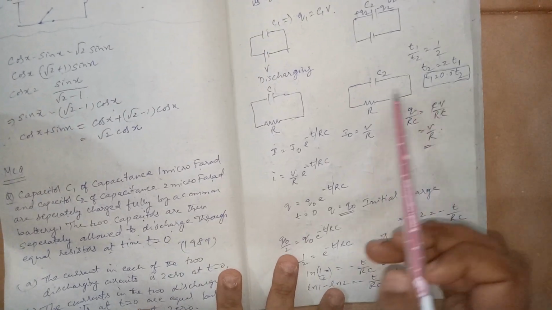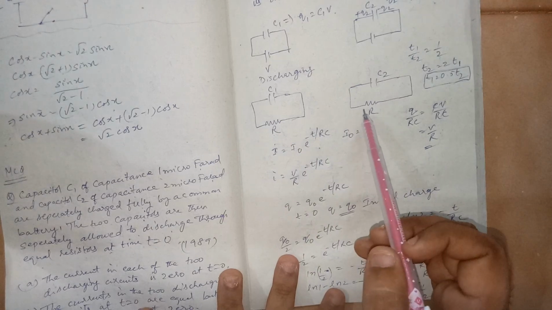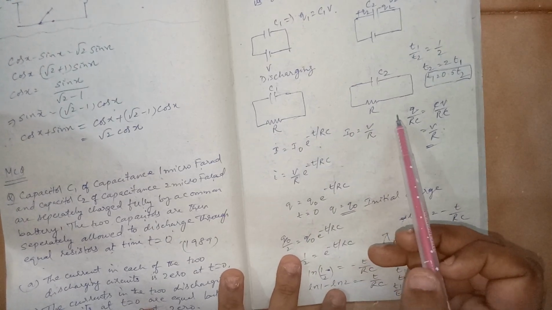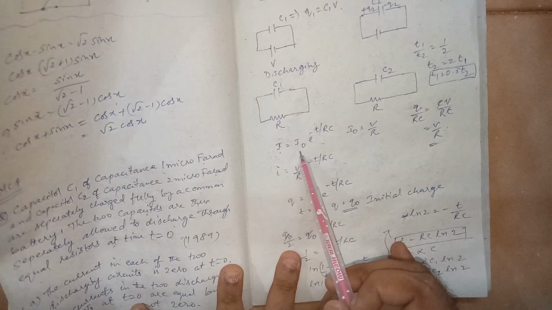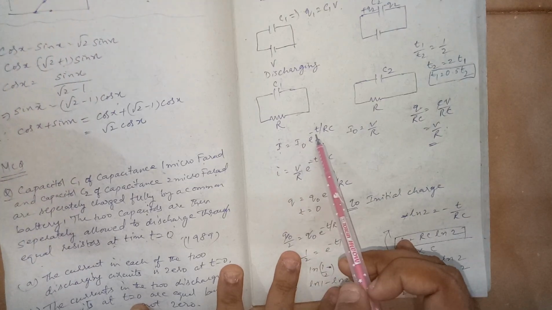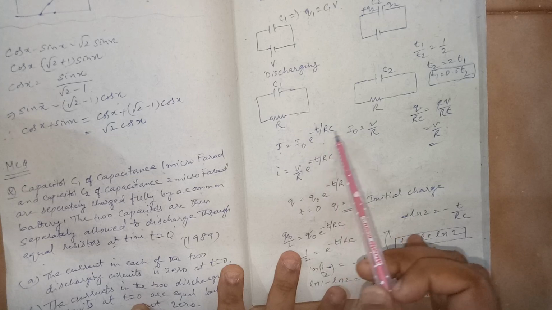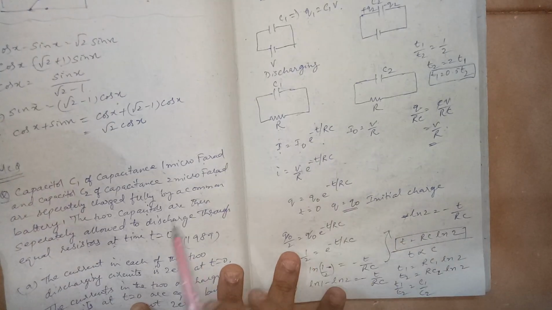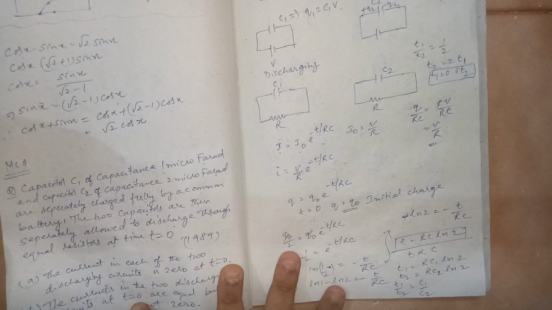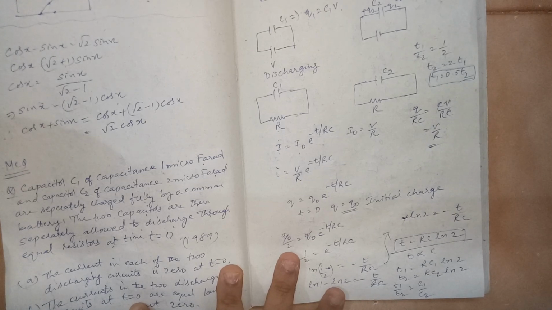Now the discharging current, how much it will be, we have discussed earlier. The equation is I is equal to I0 into e power minus t by RC. RC is the time constant. We have discussed that it will be a decreasing exponential function.